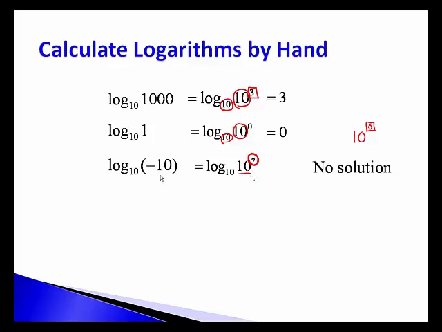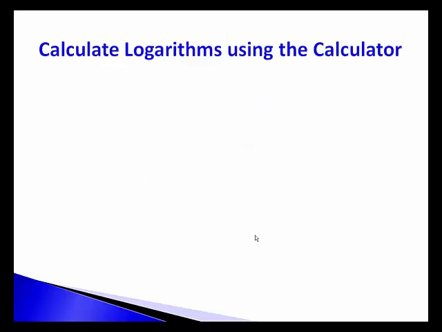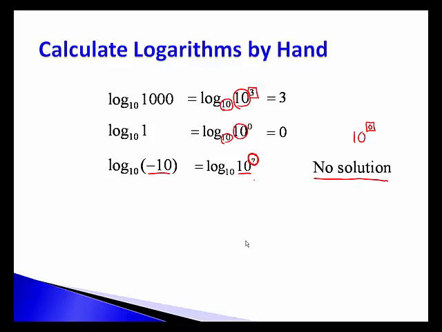Let me say that a little bit more clearly for you. We cannot take the logs of negative numbers. Anytime we see a situation where we're taking the log of a negative number, your answer to me will be no solution.